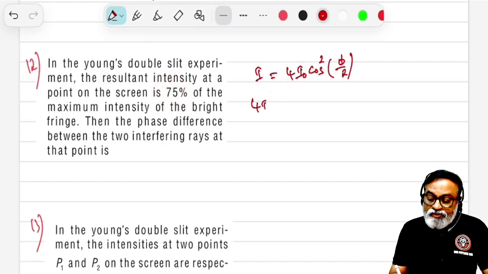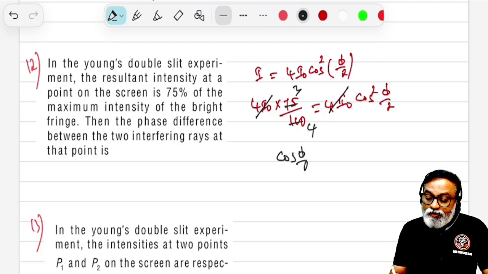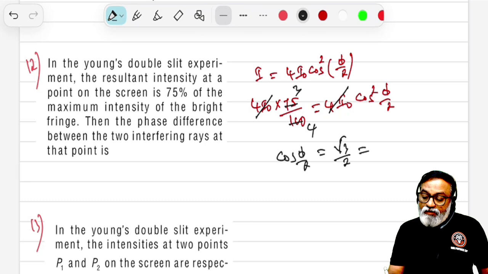Therefore, maximum intensity 4 I naught, 75% means 75 by 100, that is 4 I naught cos square phi by 2. Therefore, here 4 I naught cancels. 25 threes are 75, 25 fours are 100. Therefore, cos phi by 2 is equal to root 3 by 2. This becomes root 3 by 2, which means cos theta is root 3 by 2, cos 30.